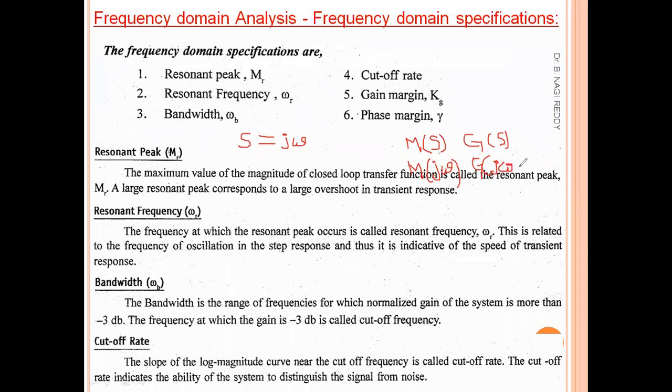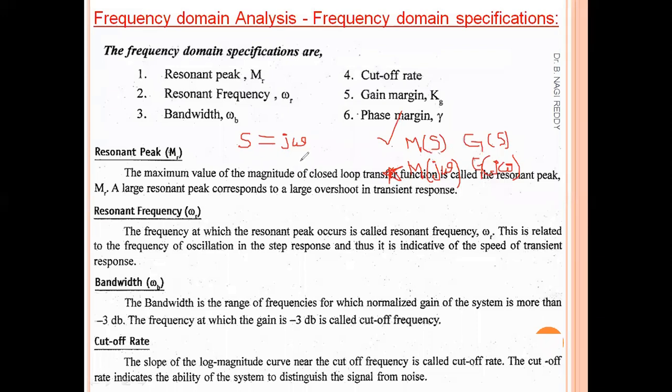So this is how we can represent closed loop and open loop transfer functions in S domain and in frequency domain. Okay, so this is frequency domain representation and this is S domain representation.